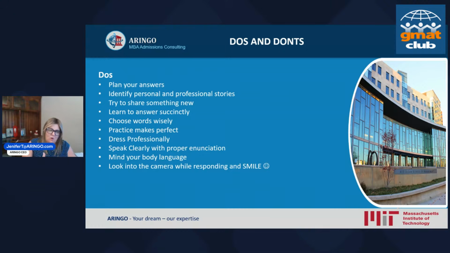Maybe you've shared professional experiences in those essays, and now you can talk about personal ones, like being on a club sport or being the leader of a volunteer organization, and the difficulties that you had in those scenarios. So you can think of different parts of your world to share with them.